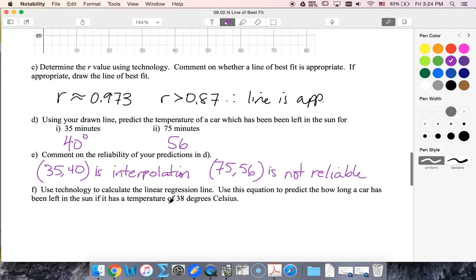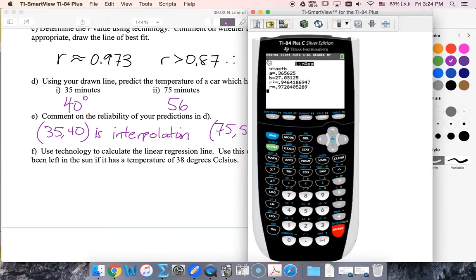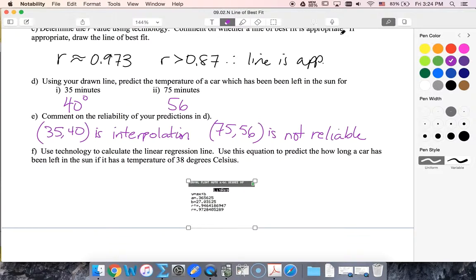All right, use my technology to calculate the linear regression line. So we did that. Here is the equation for our line. So we have to transfer this into an equation.